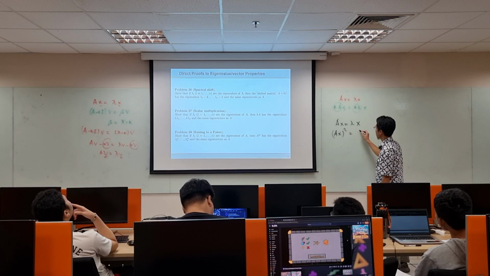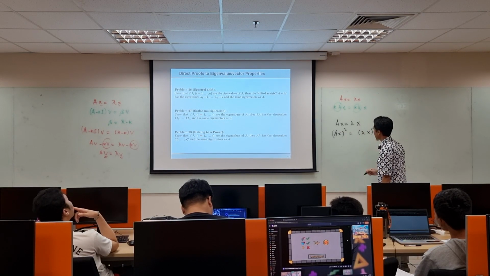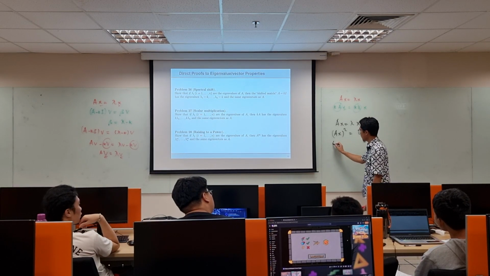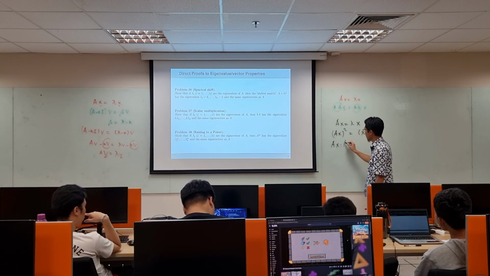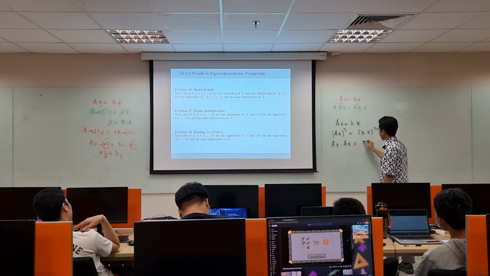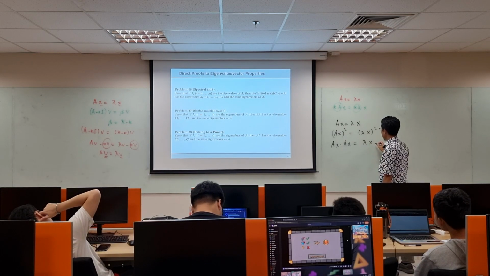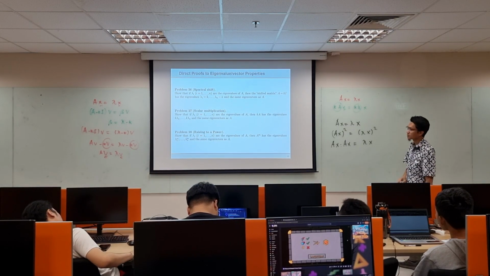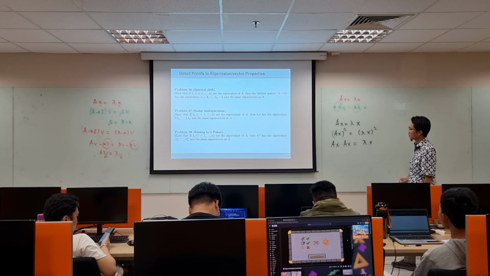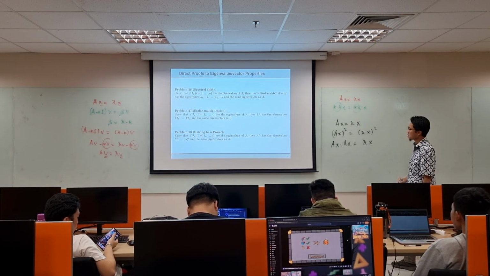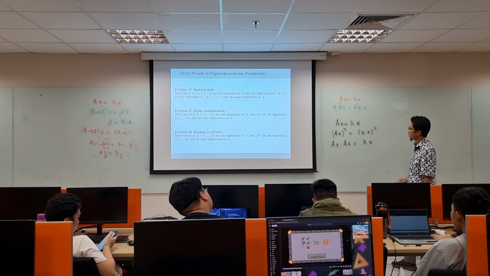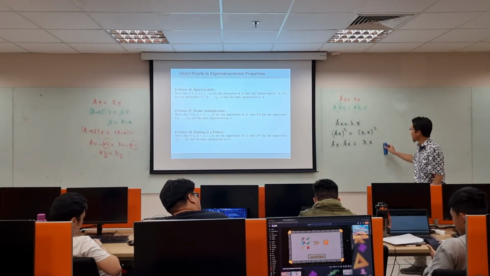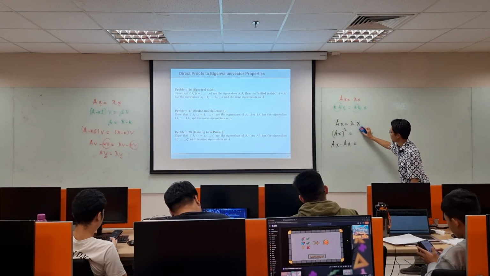What will happen is that you will have AX multiplied by AX equal to lambda X. Wait, what if we square it? If we square it, we don't do this.